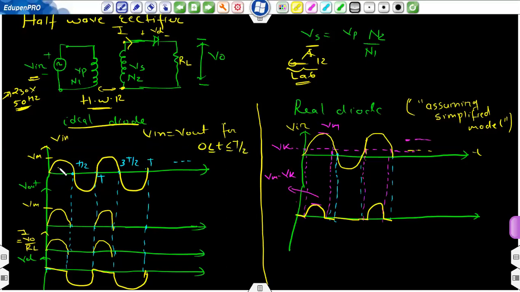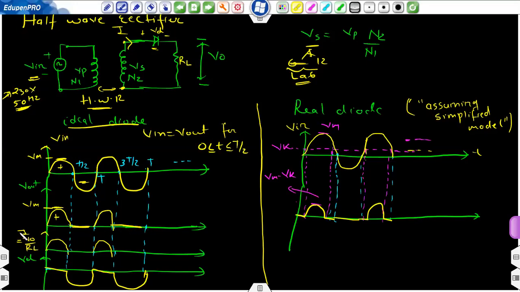So for the positive half, Vin and Vout are exactly equal. And if this maximum value is Vm, the maximum value of Vout will also be equal to Vm. In the negative half, the diode will be in off state. So broken circuit, no current will flow, V naught will be 0 volt. Then again, the positive half, Vout will be equal to Vin, then 0.